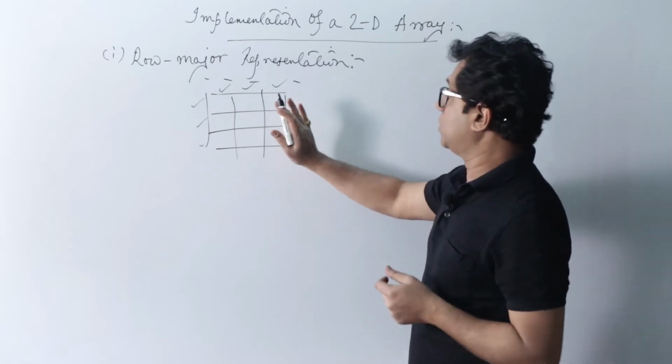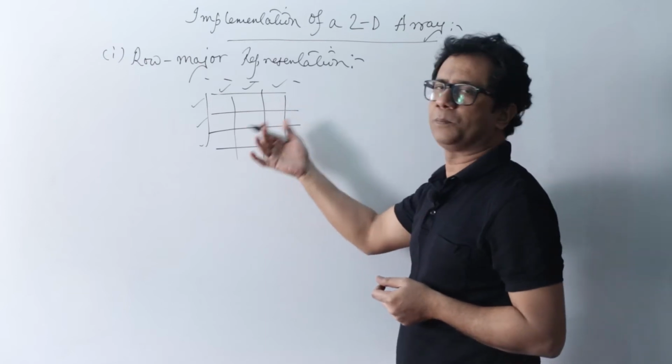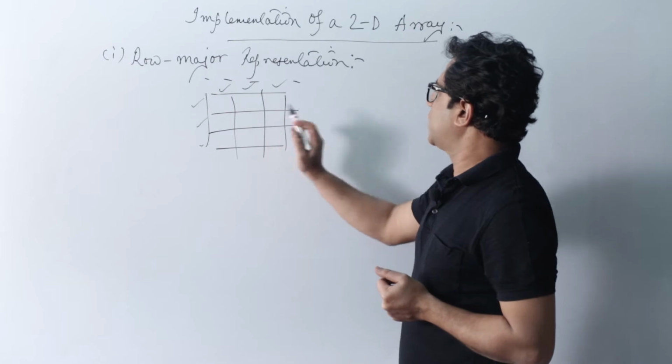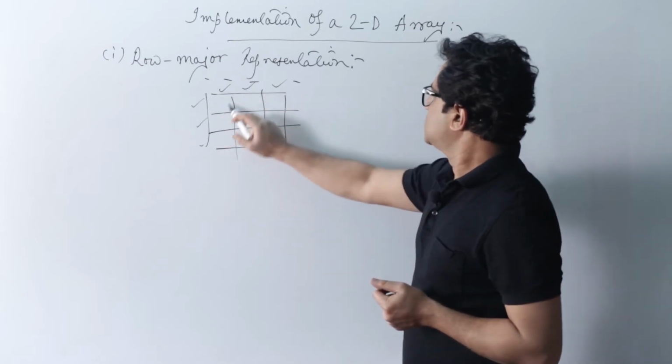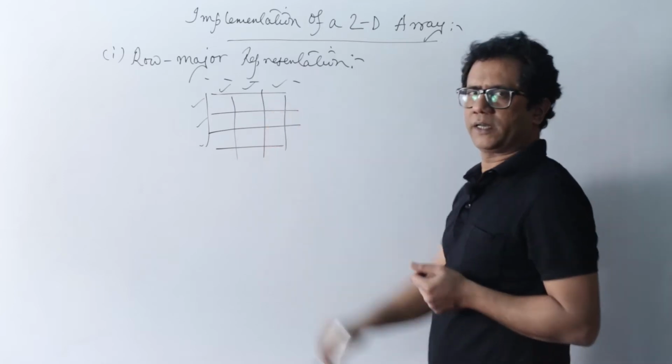So it is just for the logical representation. In order to make things simple, we will visualize the two-dimensional array as a tabular structure containing rows and columns.